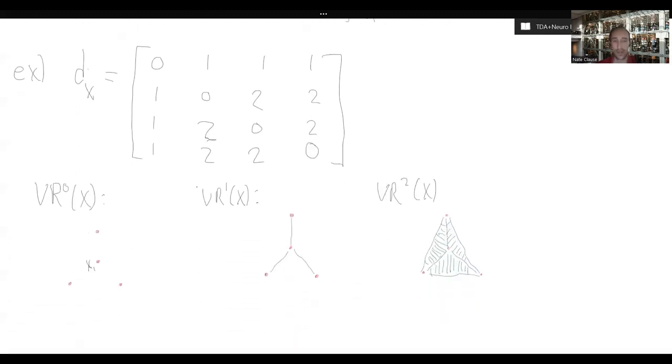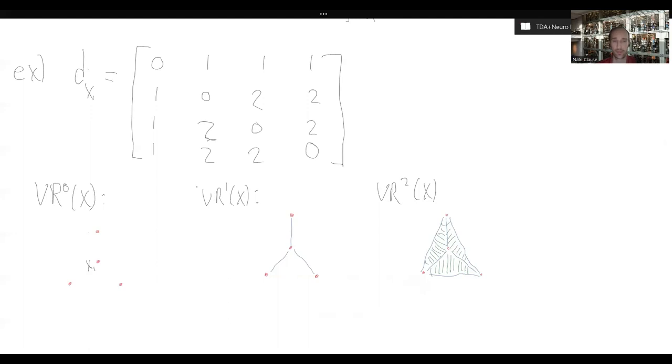If we look at the Vietoris-Rips complex at scale parameter 0, it will just consist of the 4 zero simplices. This is implicit in the definition of a Vietoris-Rips complex: all vertices will always be present, because the diameter of a single point is just 0, since from the metric definition, the distance between a point and itself must be equal to 0.